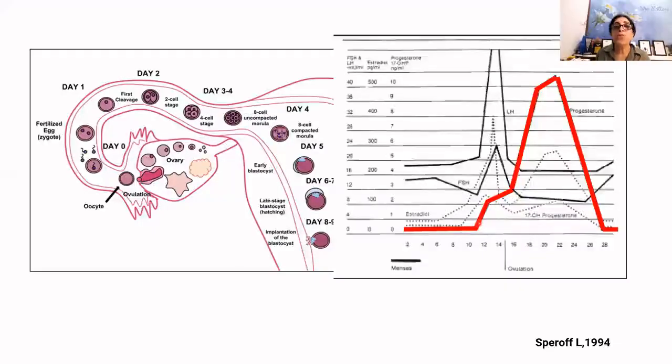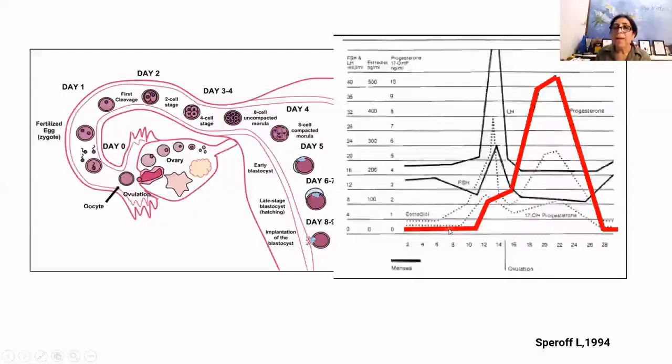If you have 0.8, 0.9 nanogram, that means ovulation is about to start. Then on the day of ovulation, it's somewhere around 1.5 nanogram per ml, and later in the secretory phase, it goes up to 10 to 15 nanogram per ml.